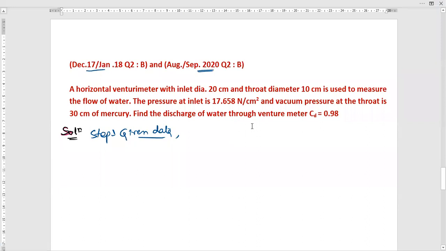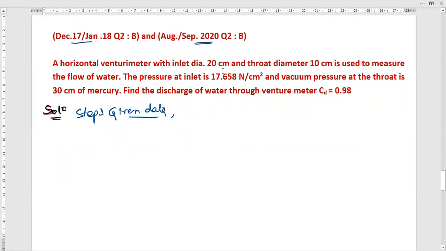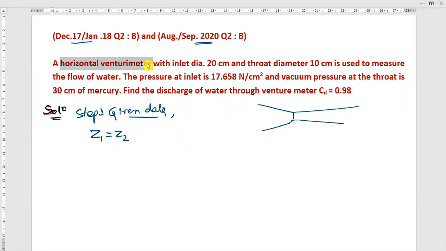If you read the statement of the numerical, a horizontal venturimeter with inlet diameter. When he has given a horizontal venturimeter, then the potential energy, that is Z1 is equal to Z2. So take one venturimeter here. This is the throat section, and this is the length of the diverging end.